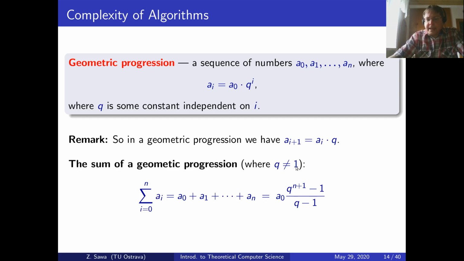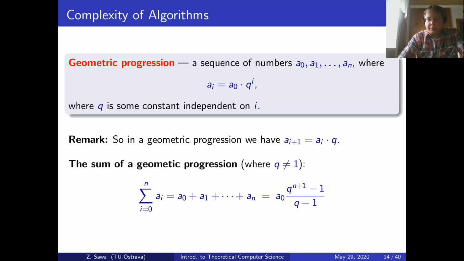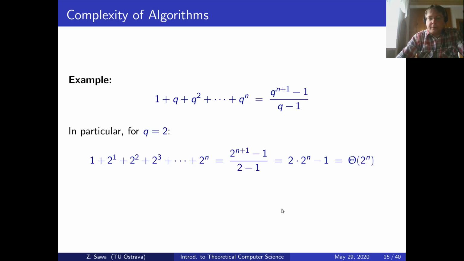And in the case when q is different than 1, there is again a way to compute it using this expression. So for example, if the value of a0 is 1, this sum 1 plus q square plus q to 3 and so on could be computed like this.